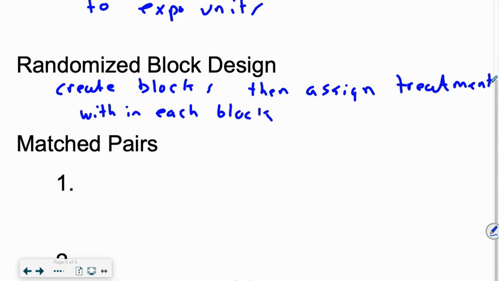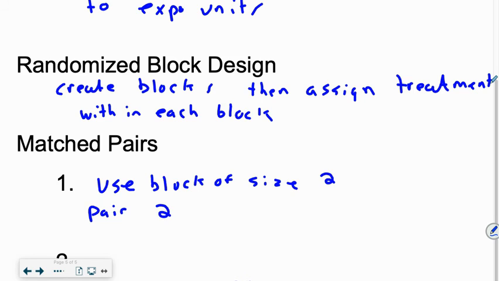Then matched pairs. We can use this to compare two treatments. The first option is to use blocks of size 2. So you can pair two very similar experimental units and then randomly assign the opposite treatment to each.